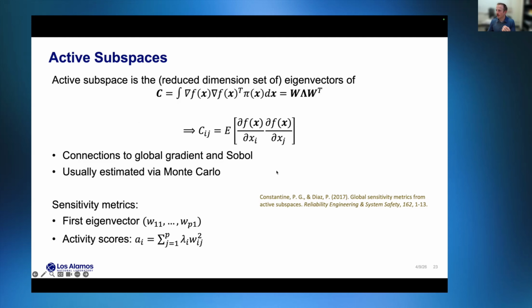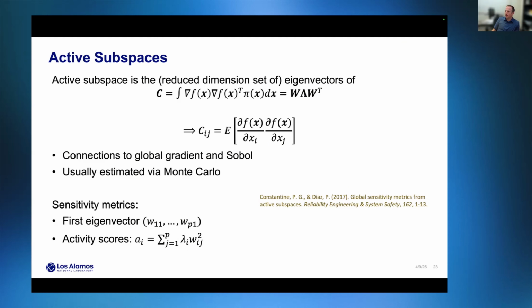That's a projection, so it kind of makes sense as a metric for sensitivity, probably the absolute value of it. And then activity scores are a linear combination, combined by the eigenvalue and with squared eigenvectors. So taking all the eigenvectors and weighting them by their eigenvalues.